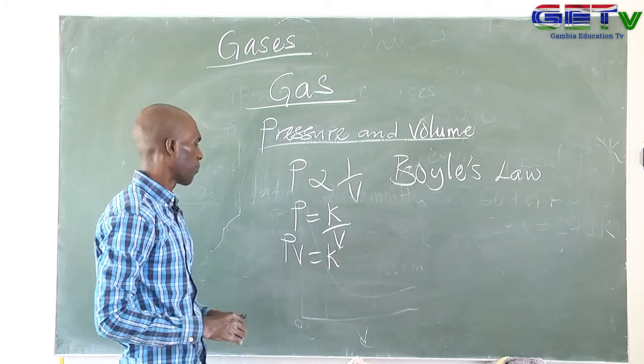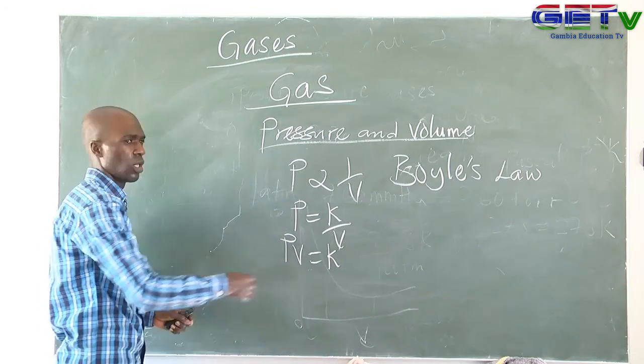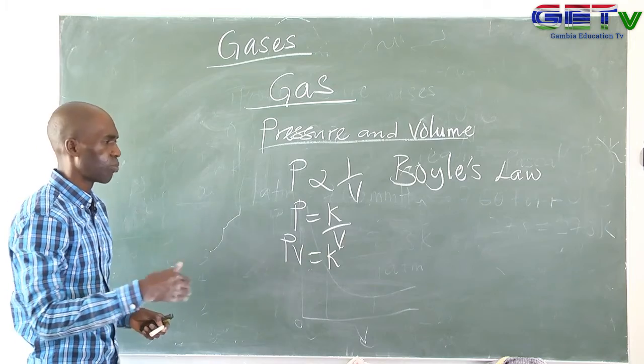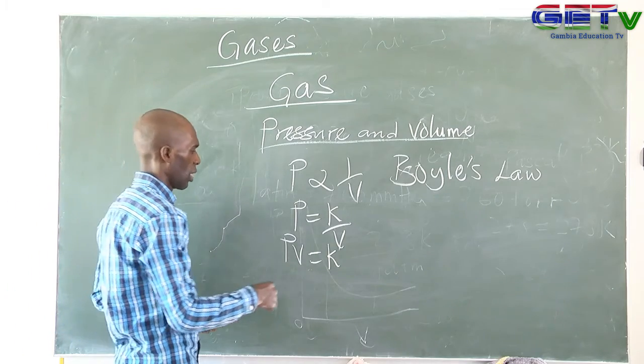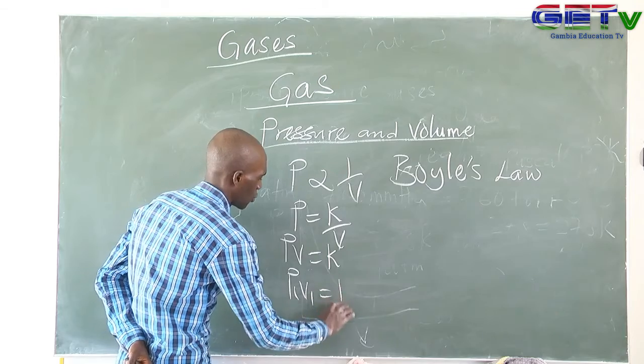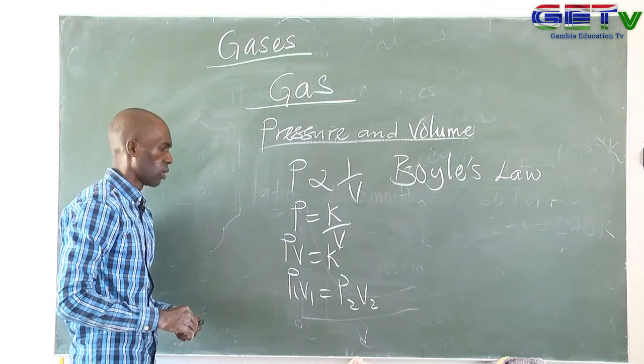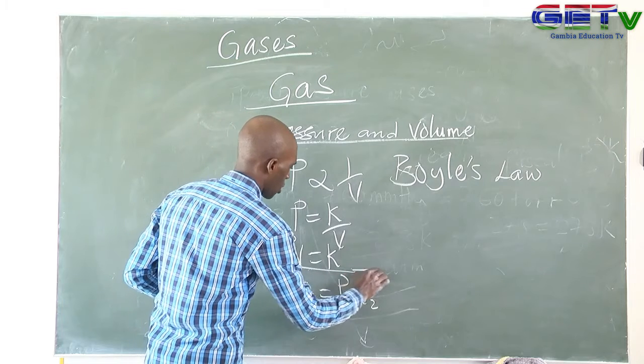And if the conditions of these two variables should change, then there will be changes in pressure and volume as well. And as a result, we'll have P1 V1 equals P2 V2. And we'll use this formula in our calculations.